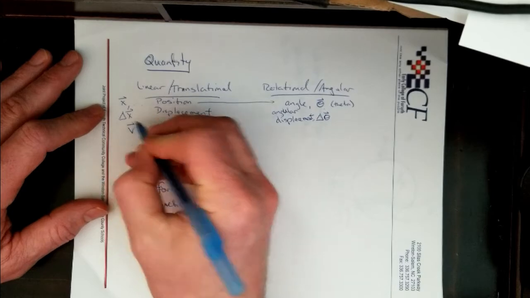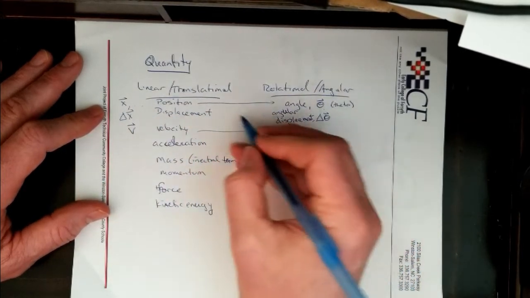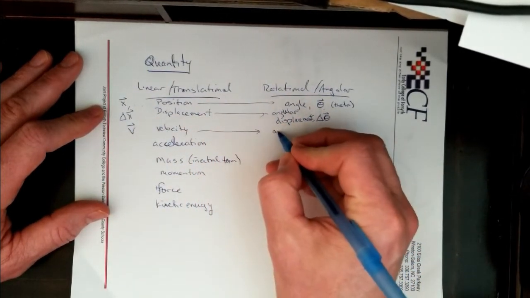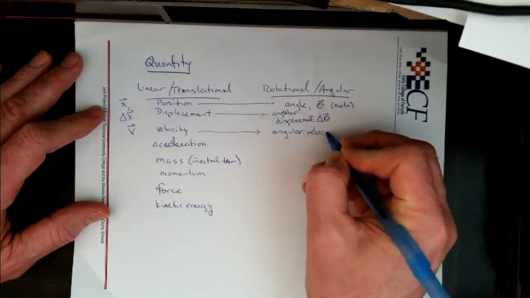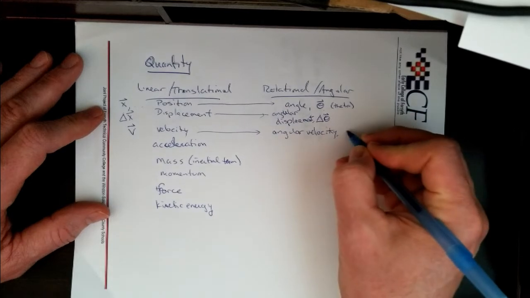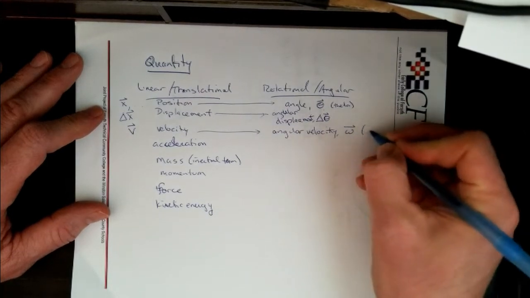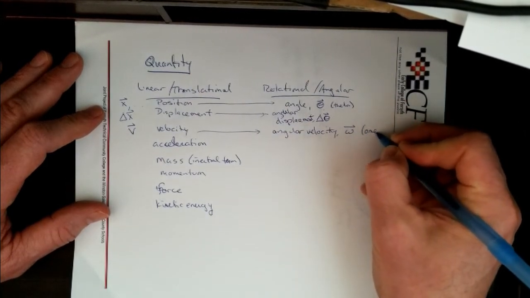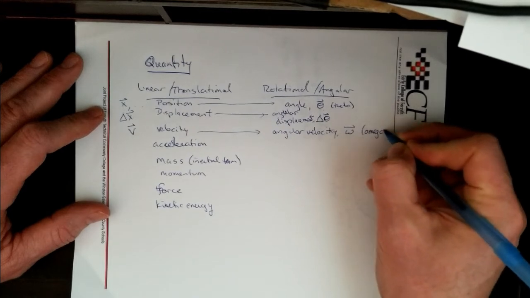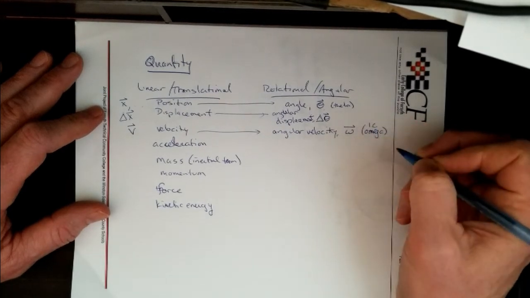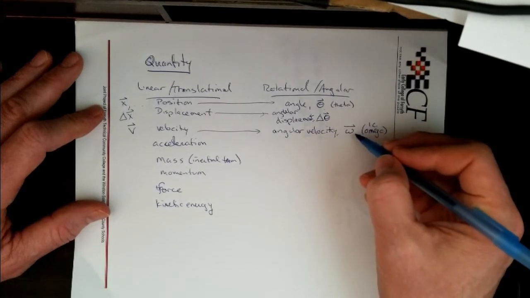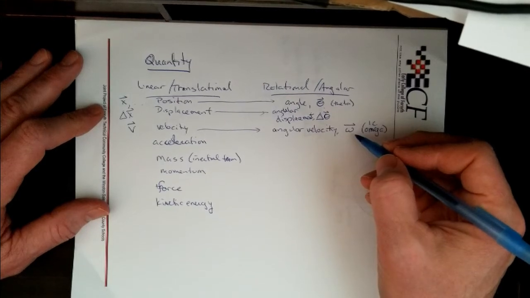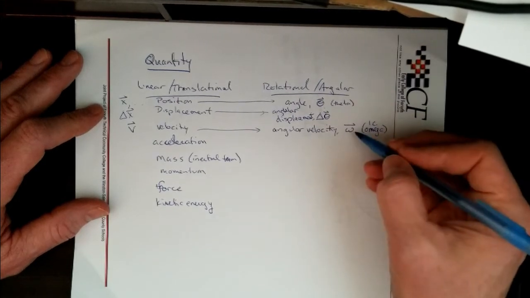Velocity, we have a v, and then there is the angular equivalent called angular velocity. The symbol for that is the lowercase omega. We've run across this before when we talked about centripetal acceleration, and we had omega squared. That was angular speed, and this is angular velocity.